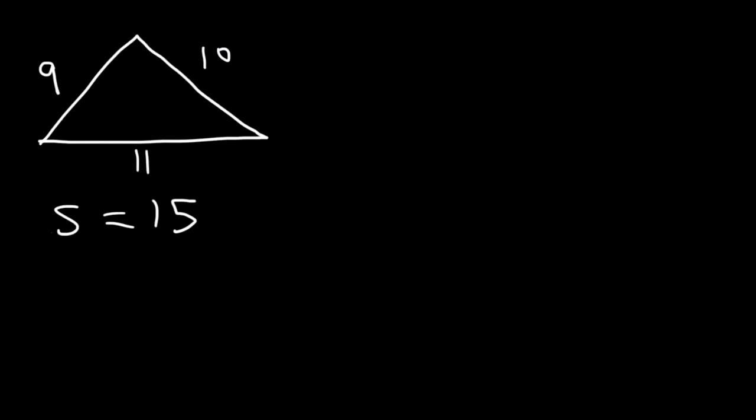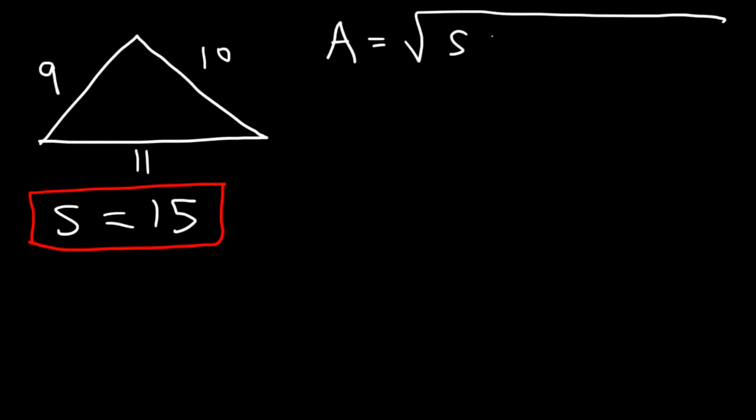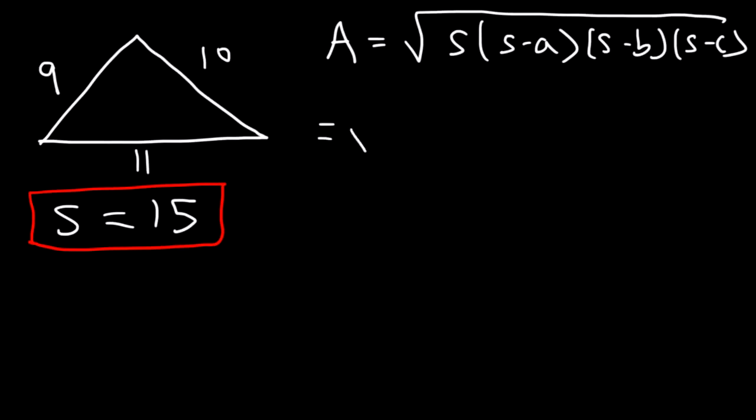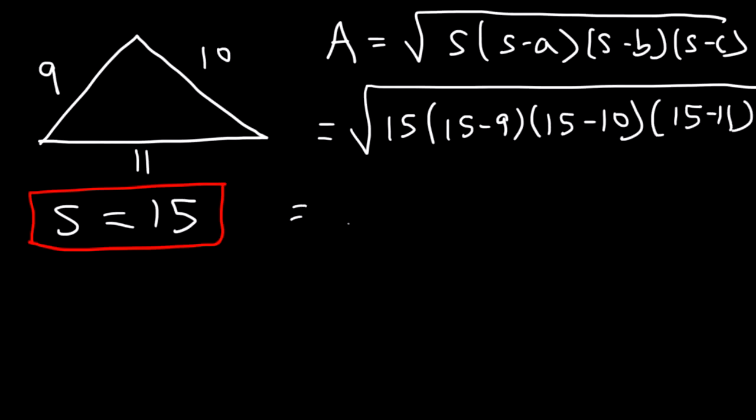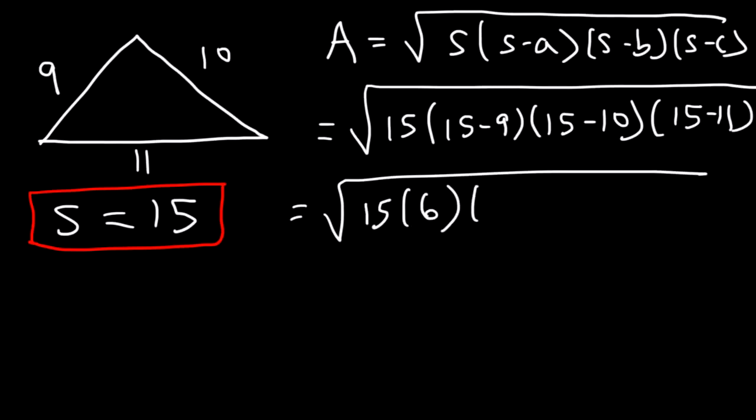So now that we have the value of s, we can use Heron's formula to find the area. It's going to be the square root of s times s minus a times s minus b times s minus c. s is 15, and then it's going to be 15 minus 9 times 15 minus 10 times 15 minus 11. 15 minus 9 is 6, 15 minus 10 is 5, 15 minus 11 is 4.